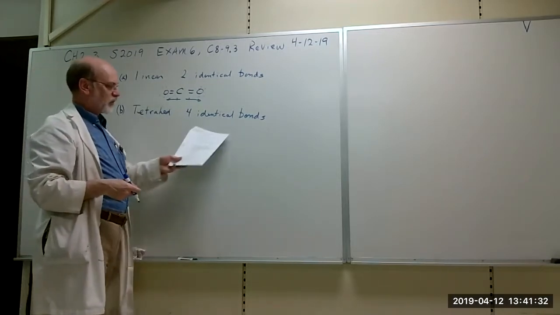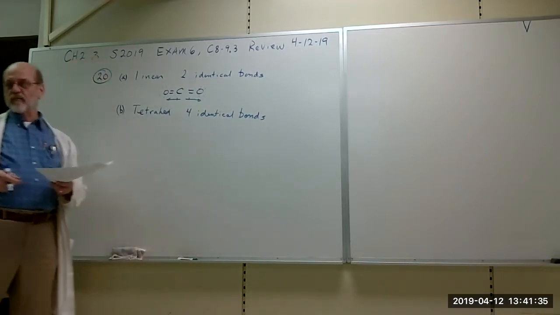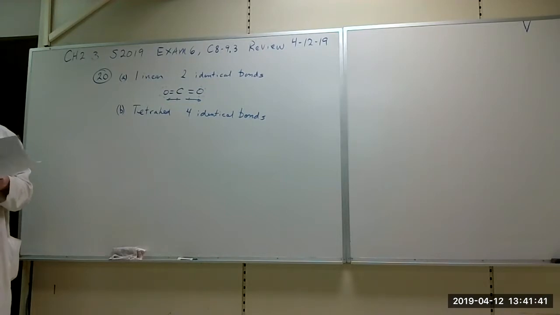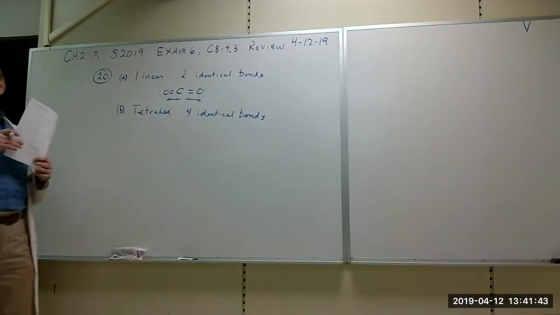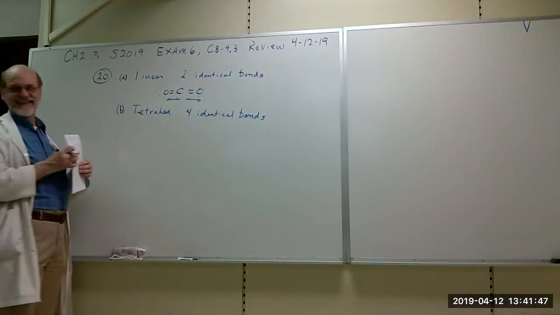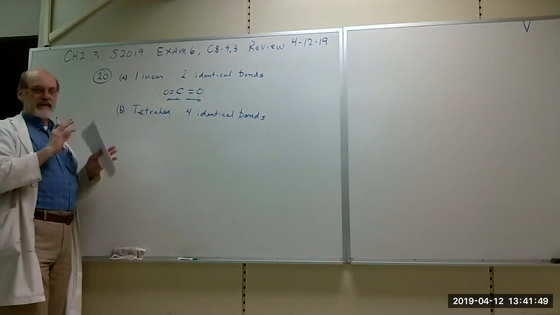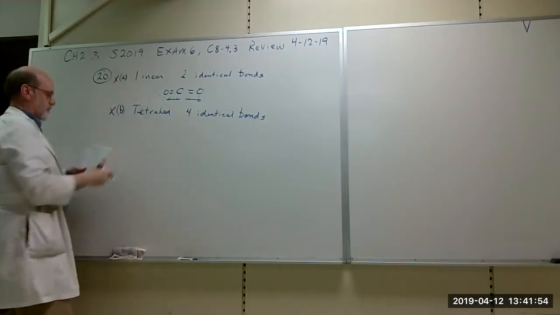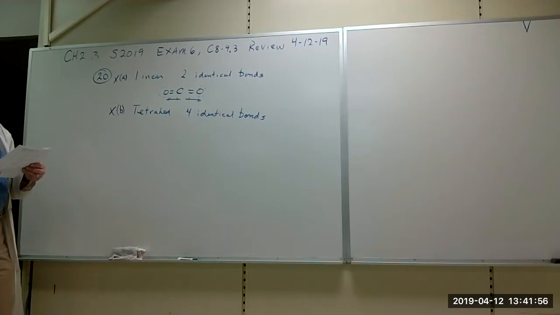If these bonds are polar, then they're pointing to the apex. What's the plural of apex? Apices. Pointing to all the corners of the tetrahedron. They're equally spaced and they cancel one another out. So neither one of these will produce a dipole moment.